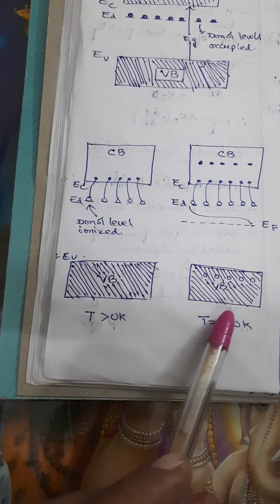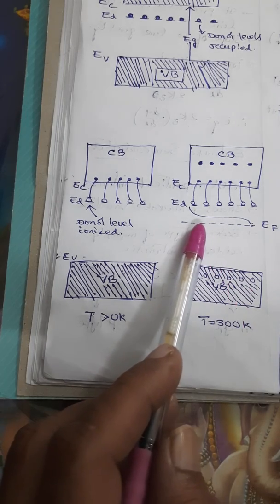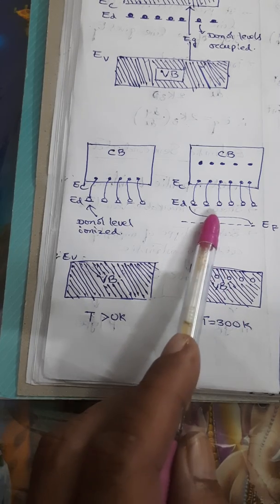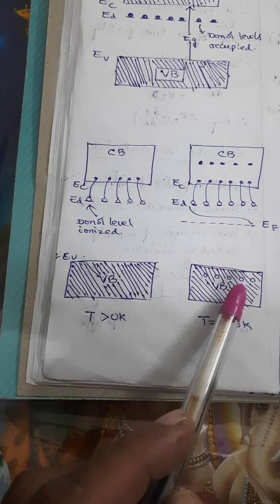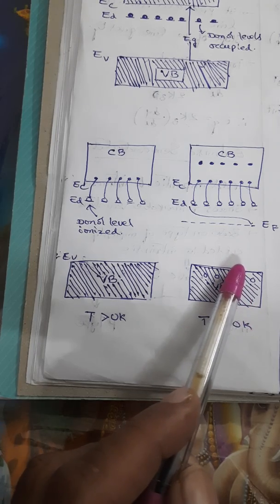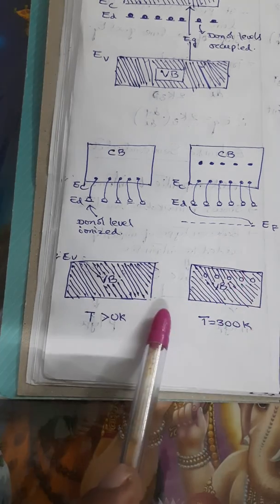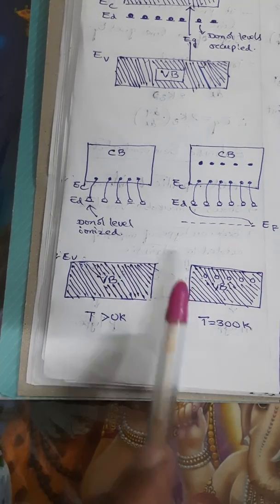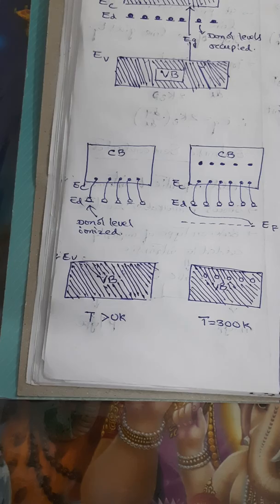That means the concentration of electrons increases in the conduction band rather than holes. Hence, electrons become majority charge carriers and holes become minority charge carriers. That is, the concentration of electrons is greater than the concentration of holes, that means N is greater than P. That's why it is N-type.